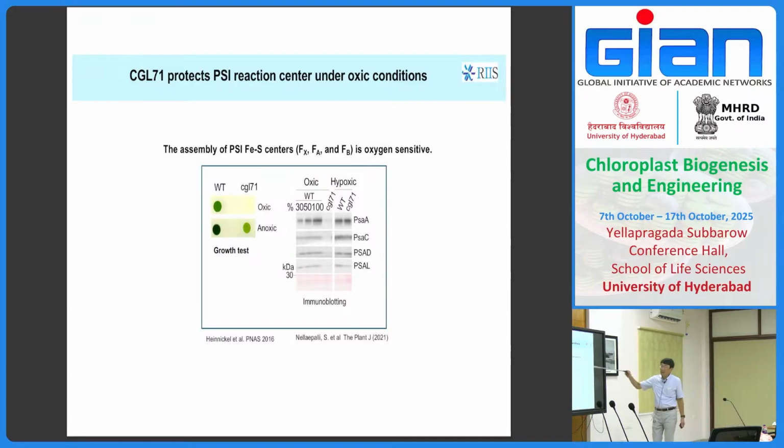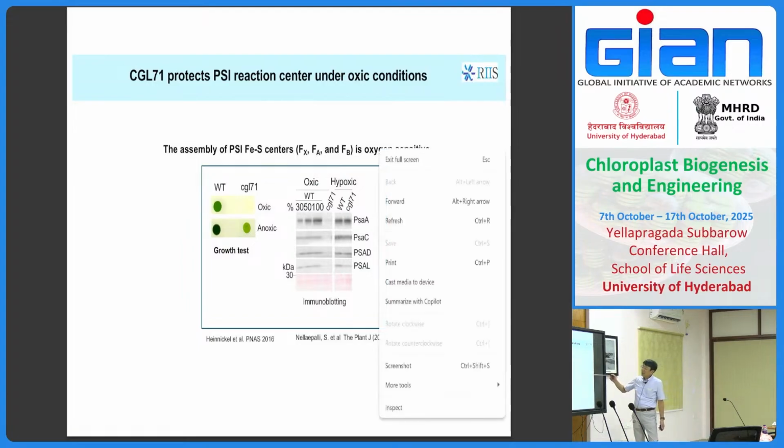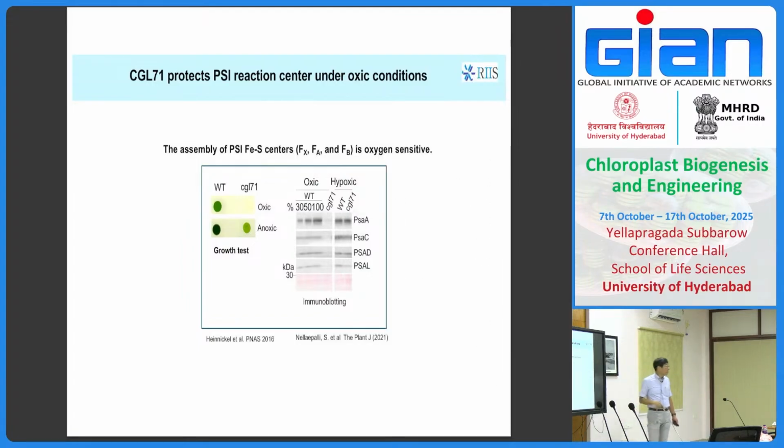But in hypoxic condition, so it's very low CO2, O2, nearly anaerobic condition, PsaA, C, D, L are accumulated as expected from the growth in anoxic condition. Okay, so PS1 proteins are unstable in the presence of oxygen and stable in the absence of oxygen. This was confirmed.